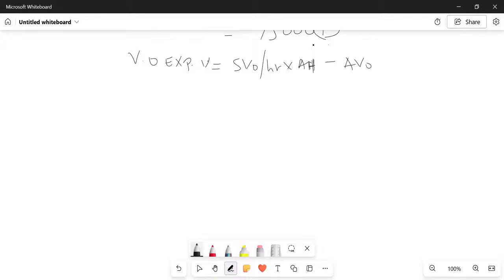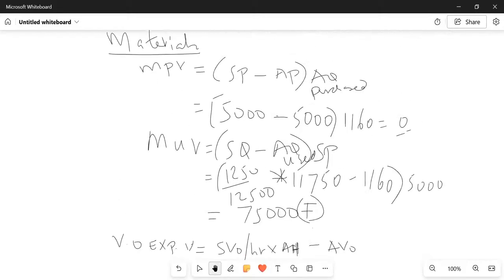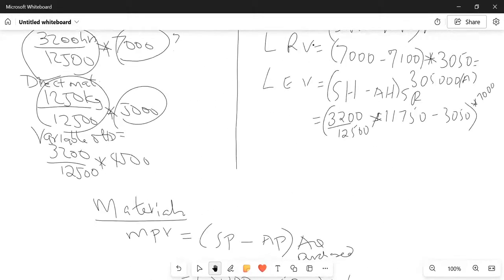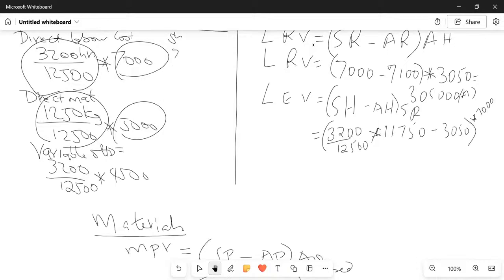So do we have standard variable overheads per hour? We do. We have it. How come you guys are not able to see it? Variable overhead per hour is what here? Standard variable overhead per hour.